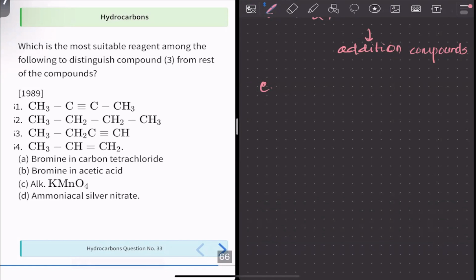So option C is also not the answer. Let's see option D, ammoniacal silver nitrate. This option has a specificity. It only reacts with a terminal alkyne. Okay, ammoniacal silver nitrate.